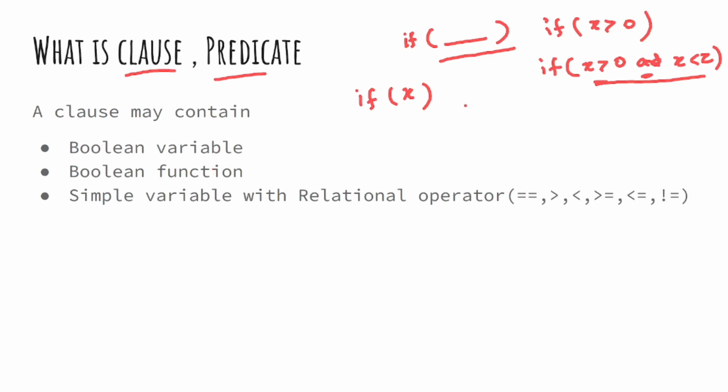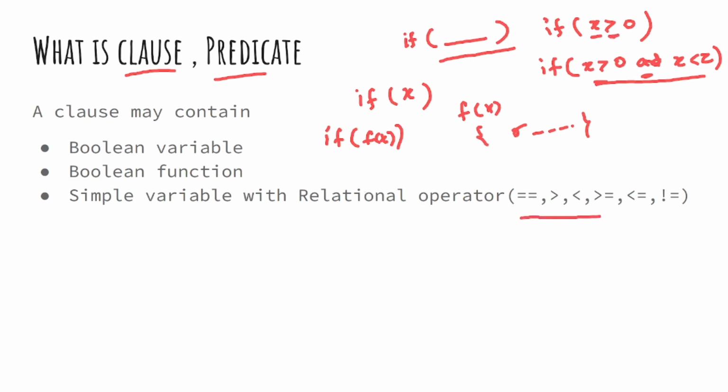Sometimes you may define a function f of x. This function will take some number and it will return whether the number x is a prime number or not. So it will just return true or false, and you can use this function f of x, or you can say the output of this function, as a condition inside if. So here this function is a clause. You can have a simple variable with a relational operator that we have seen. x is a simple variable and we have a relational operator.